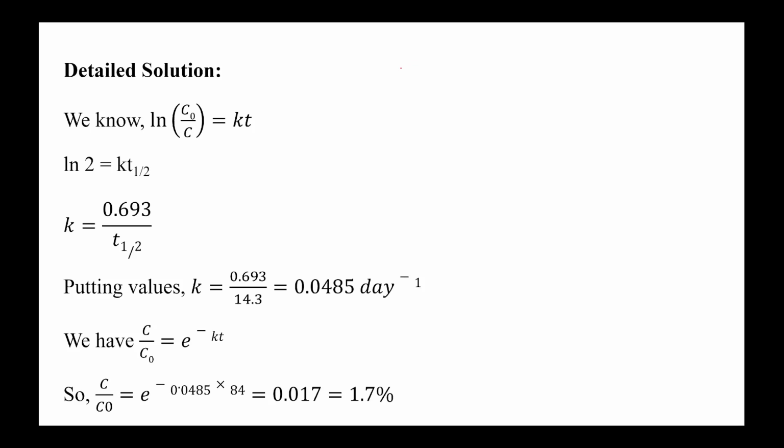So your rate would be equal to K into C raised to the power of 1, right? And this will also be equal to minus dC by dt.